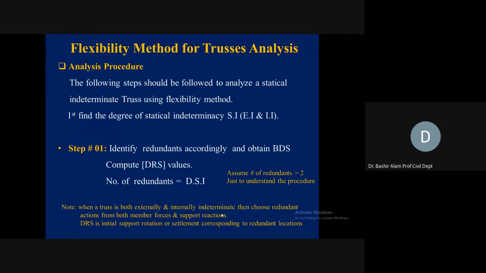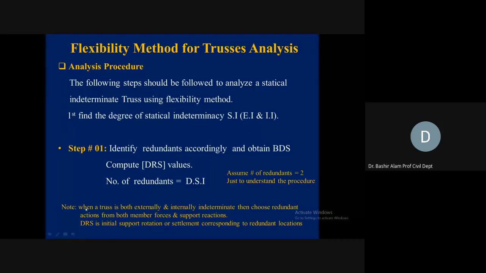Step number 1 will be to identify the redundants accordingly, obtain the BDS, and then compute the DRS values. The number of redundants will be equal to the degree of statical indeterminacy. Let's assume a 2 degree indeterminate problem here, and 2 redundants we will have to select.